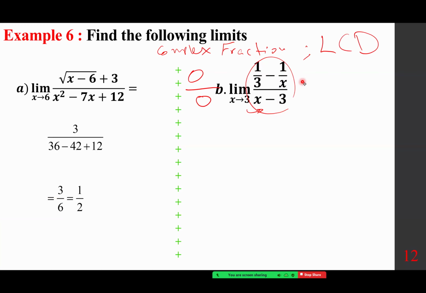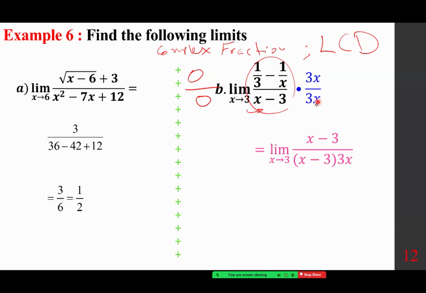The LCD is 3x. You multiply and divide by 3x. When you multiply these two, this one times this one gives you x, this one times this one gives you -3. The product of the denominator, you don't touch anything.